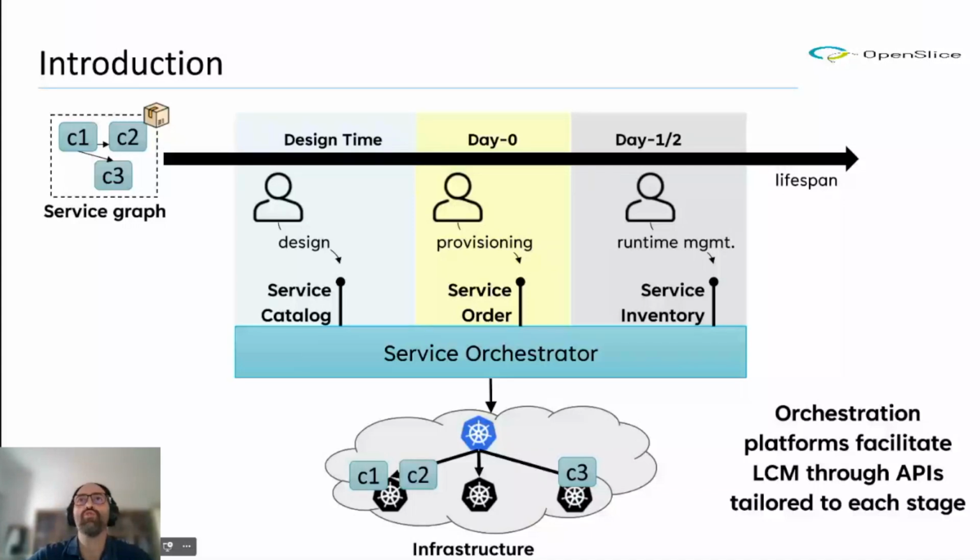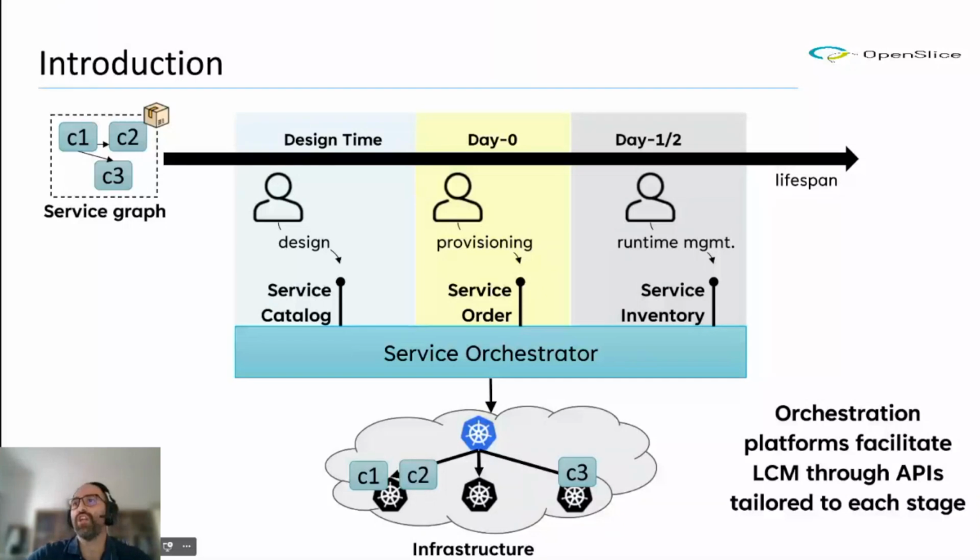Then we have to submit a service order ordering this specific service. And then we have the runtime management. As soon as the service is available, we may make an update, monitor its life cycle, etc.